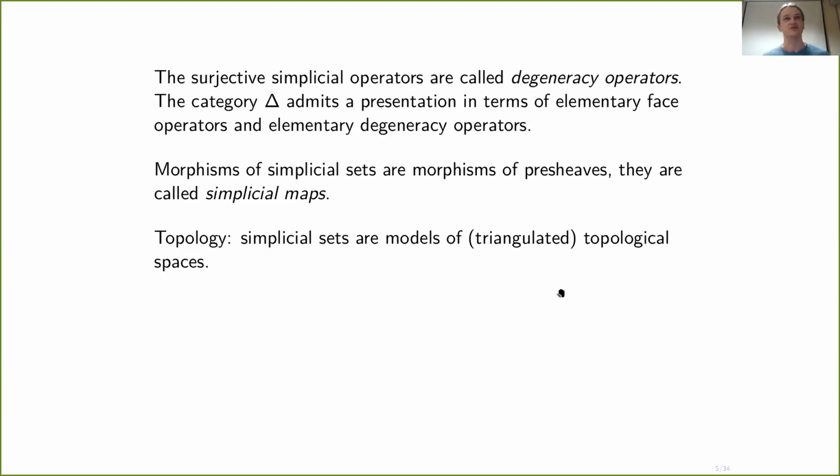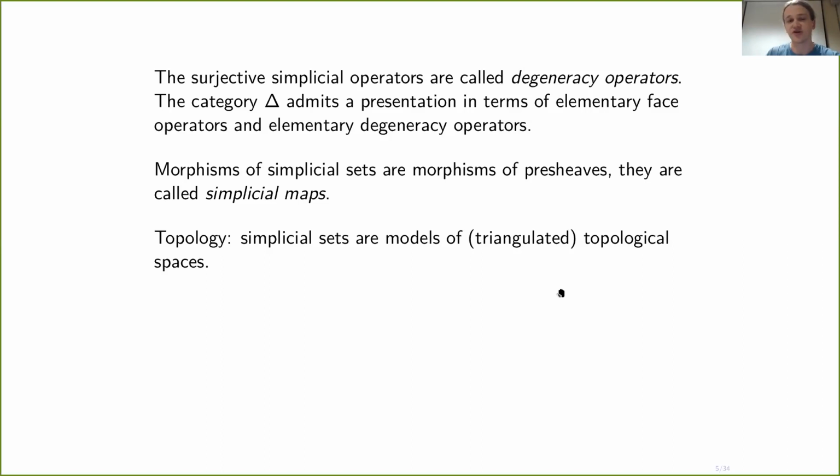Very early in topology, people started realizing that many homotopy theoretic arguments can be encoded in combinatorial ways, and triangulations were originally a standard technique of encoding those arguments, and this progressed more and more until the point where people realized that really, for the purpose of homotopy theory, you can make arguments purely combinatorial, and one way of making this precise is to introduce the category of simplicial sets and forget about topological spaces altogether and just work with that.